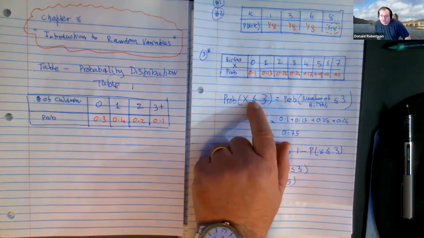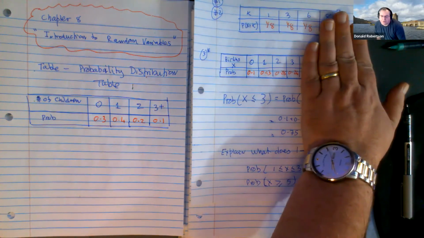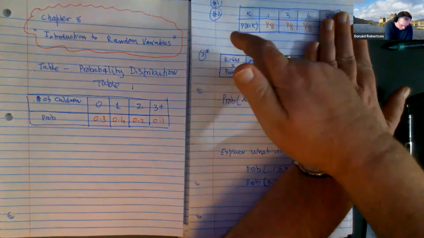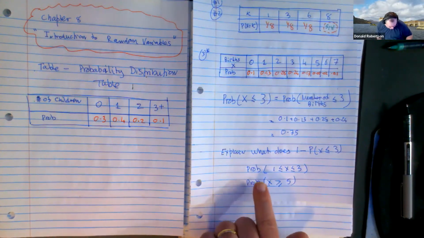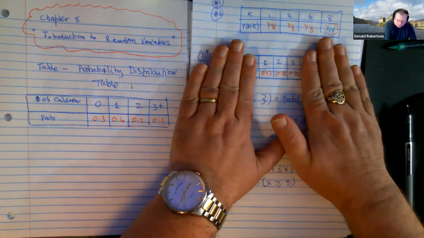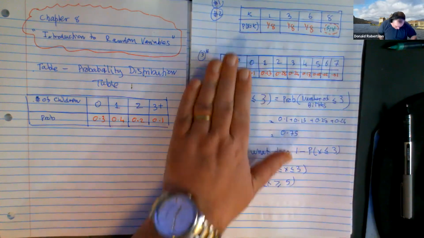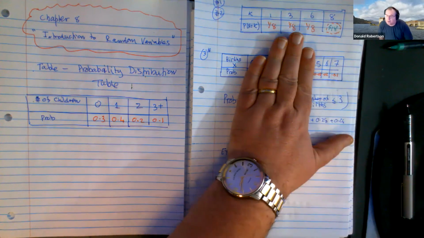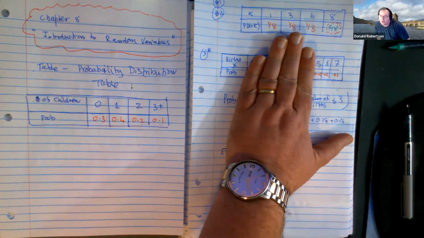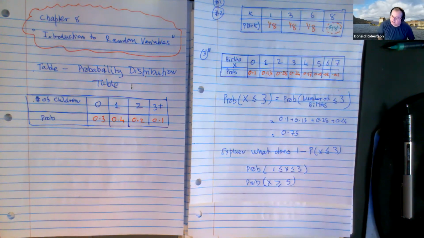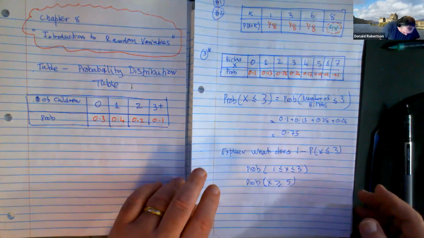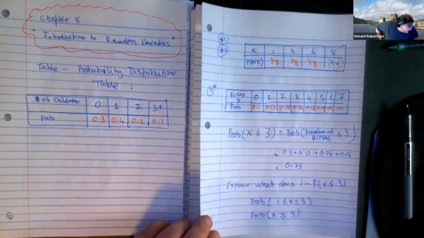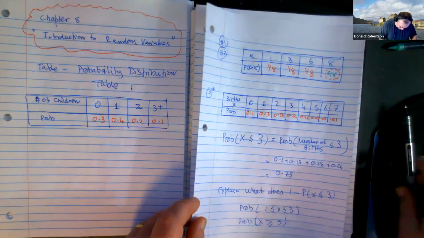So X less than or equal to 3 is all those guys, so you add up these probabilities. If you want between 1 and 3, you add up these probabilities. If you want greater than or equal to 5, you add these probabilities. So it's all about adding things together, right? So probability distribution tables, you typically add things in the table together.